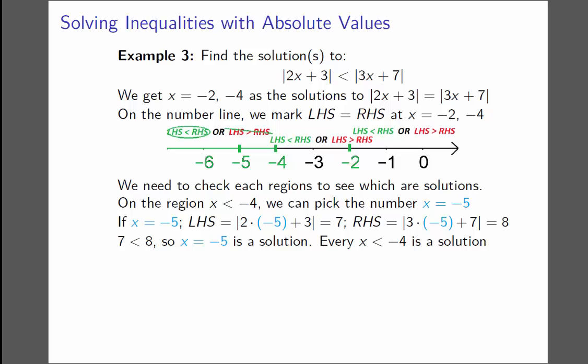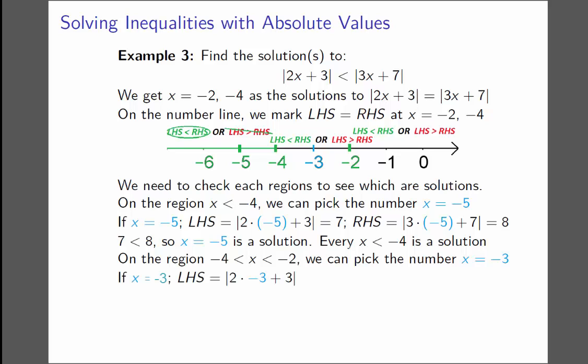And because x equals -5 is a solution, every value of x on this region, x less than -4, is a solution as well. Let's continue on with our other regions. On the region x between -4 and -2, let's pick the number x equals -3.